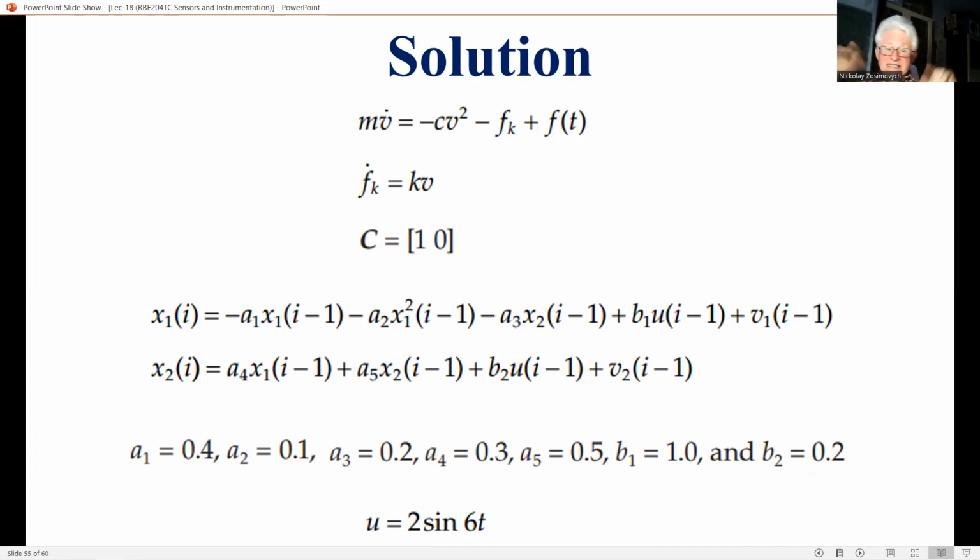Furthermore, since the spring force is more difficult to measure than speed, we will estimate it through the measurement of the speed of the shock absorber. Suppose that the input force to the shock absorber is a sinusoidal function u, simply u proportional to sine of 6t.